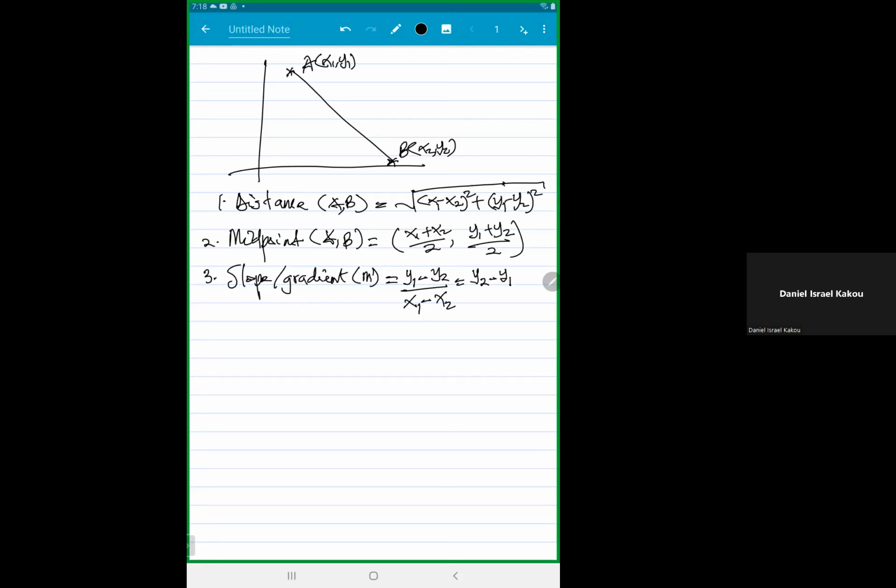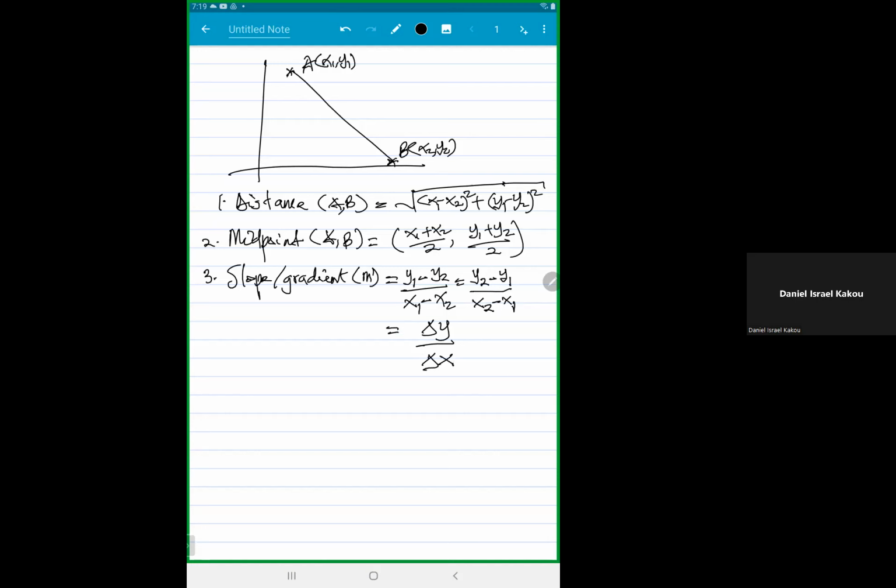Just make sure you are repeating the same process at the denominator, that is x2 first before x1 first. So this formula is basically always remembered as the change in y divided by the change in x. So that is it about the slope.